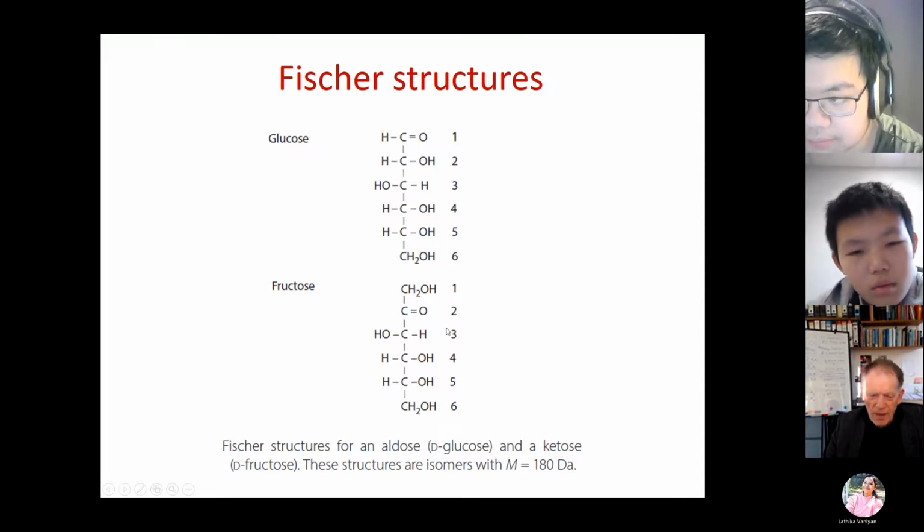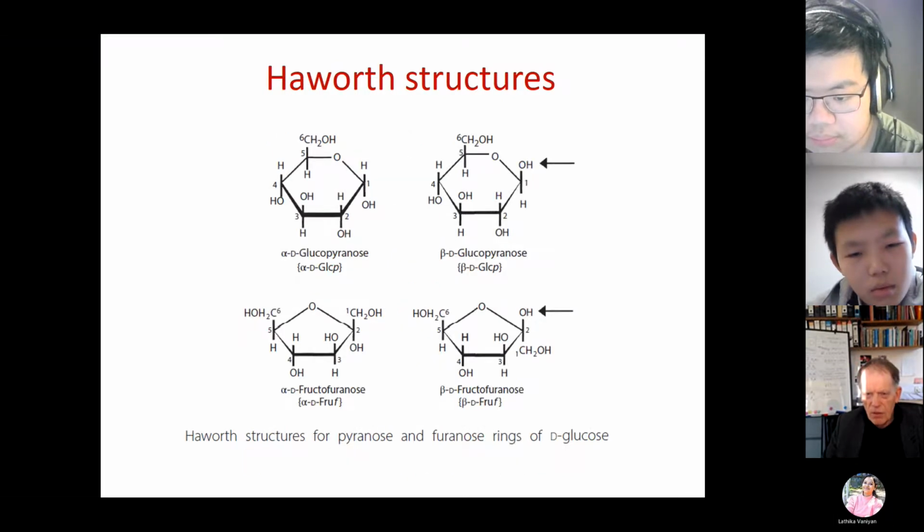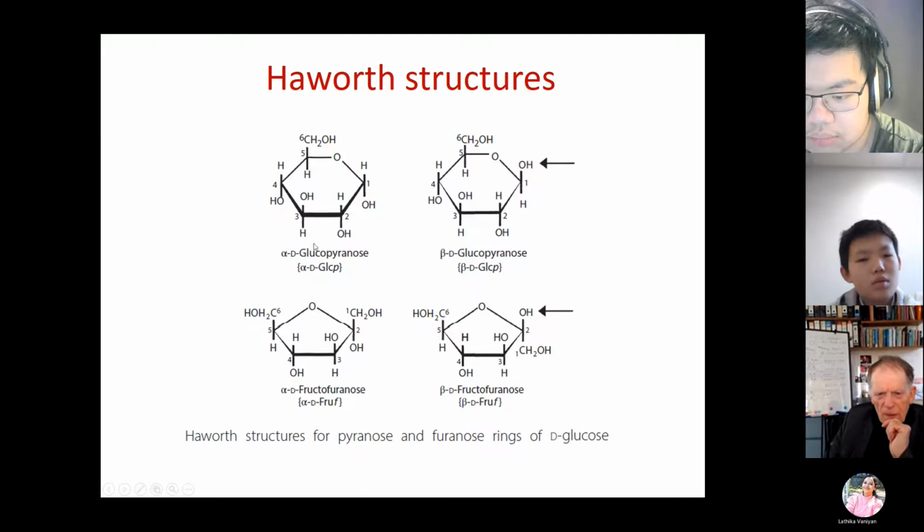But in nature, many, if not most, carbohydrates form ring structures, and these are the ring Haworth structures. And notice how the glucose, or glucopyranose, because it's a pyranose, is a six-membered ring with an oxygen in it.